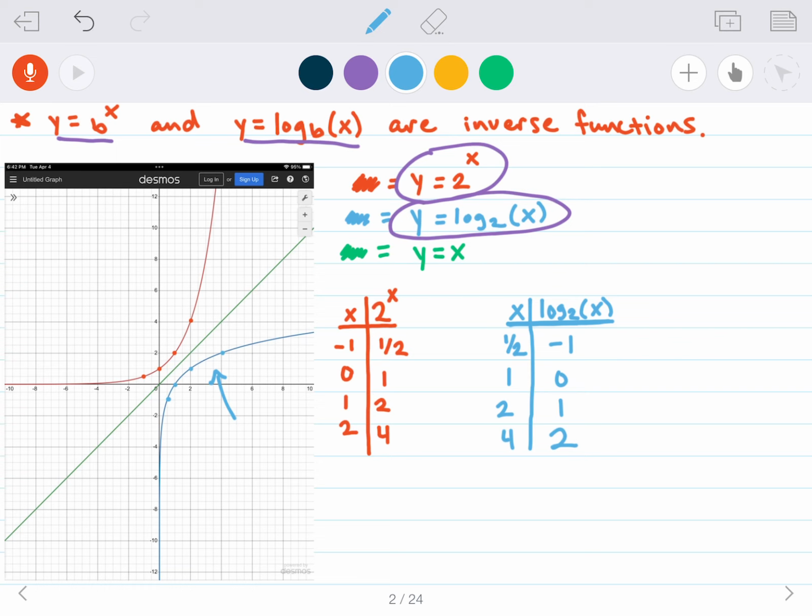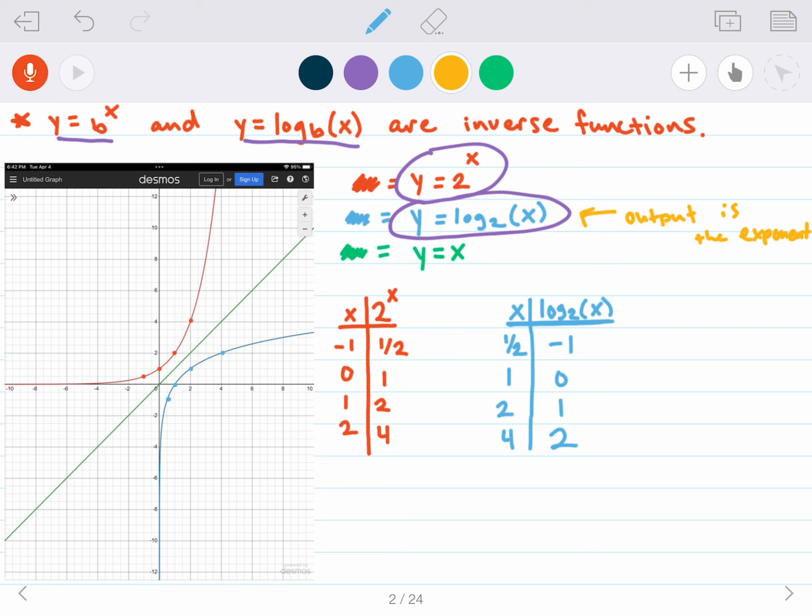So if we talk about inputs and outputs, if we look at this logarithm here, our output is actually the exponent. Right?